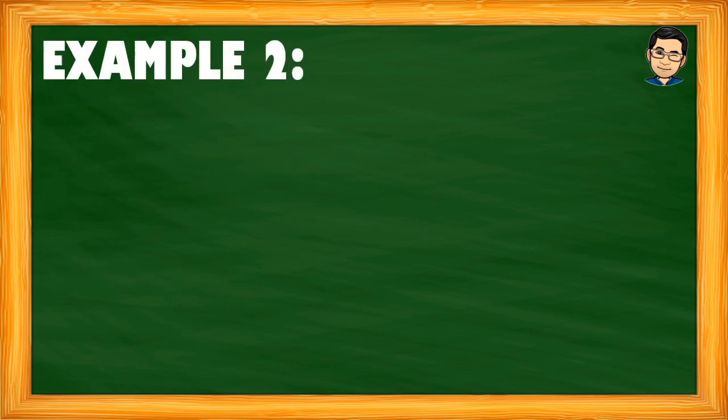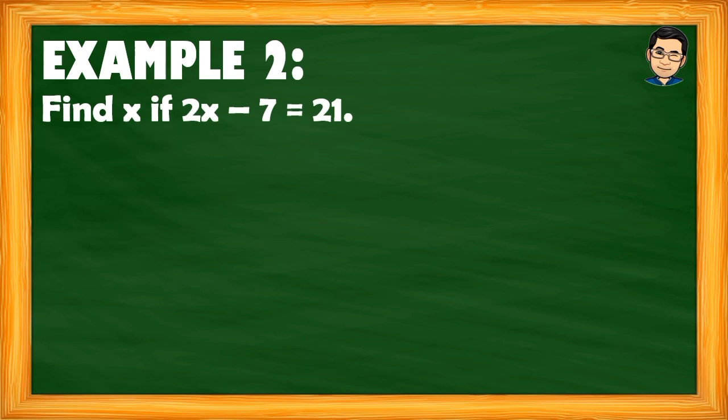And then for the next example, find x if 2x minus 7 is equal to 21. So, kagaya po ng ginawa natin kanina, kailangan nating ma-eliminate or matanggal yung negative 7 sa left side para maidala siya sa right side. So, ang gagawin natin, sulat lang natin ulit yung equation. And then, applying APE.